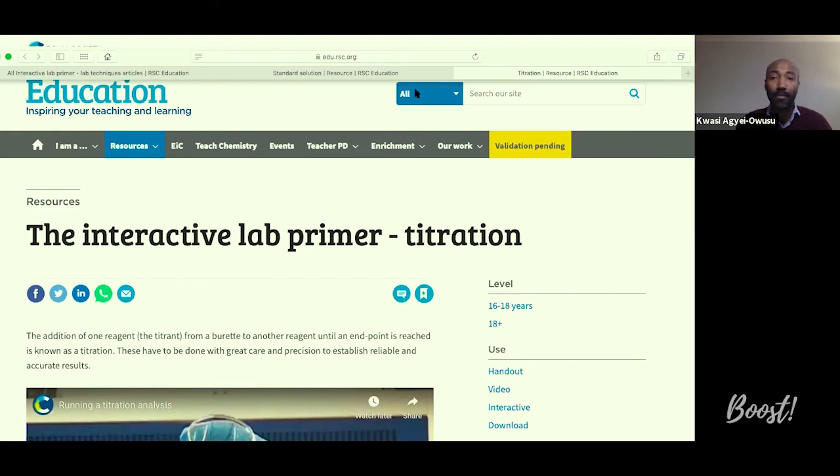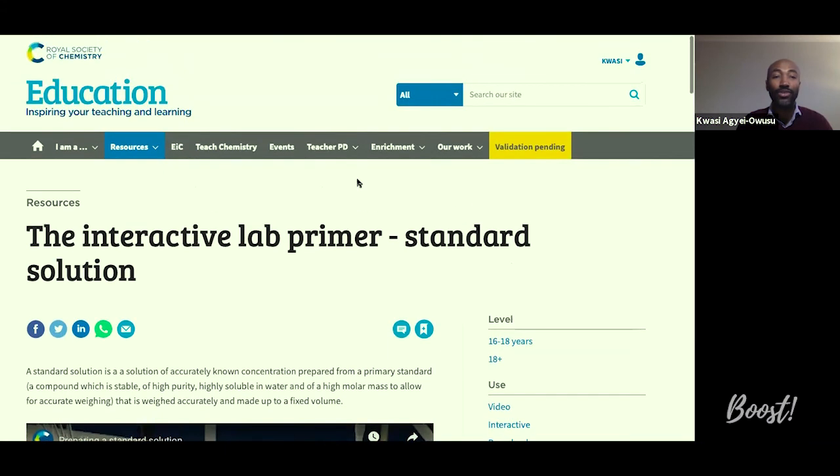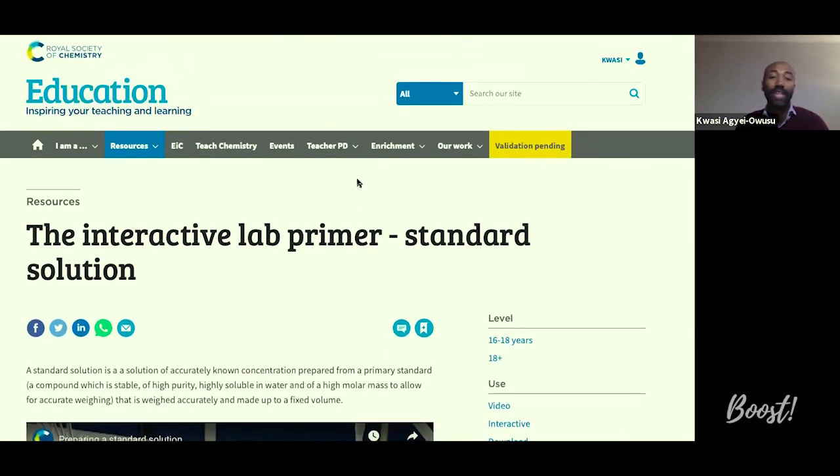And indeed, what I'll do is start off with the page on standard solutions. So again, we're still with the RSC's Interactive Lab Primer, and it may be that you need to register to gain full access for all of the different resources they've got, but this is free and it only takes about a minute to give them the minimum of details, sign in using your school's email address, and everything on the site is free.